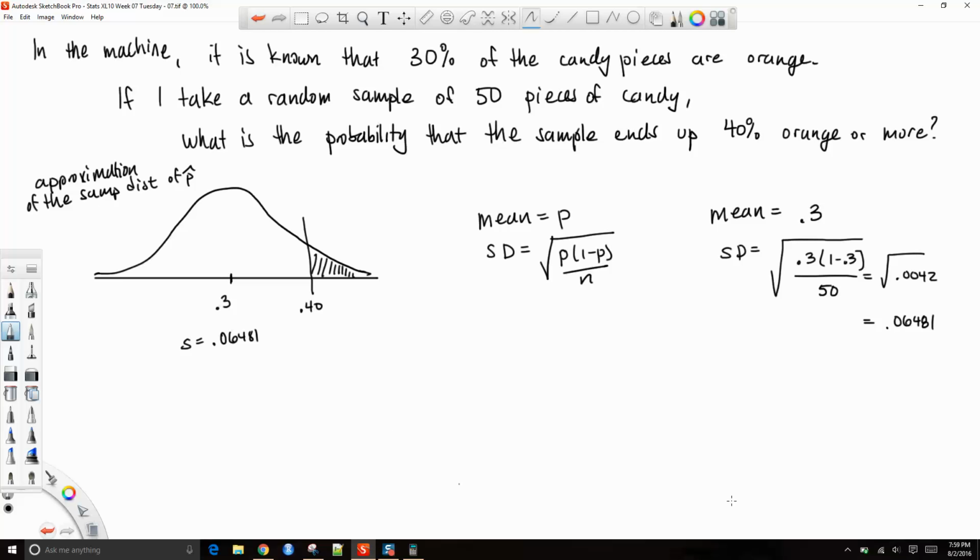Okay, let's take a look. At this point it just becomes a normal model problem, very similar to what you saw in chapter 6. So what we want is the area to the right of 40%, or 0.4. So we've got to get the z-score for this. The z-score is going to be 0.4 minus 0.3 divided by 0.06481.